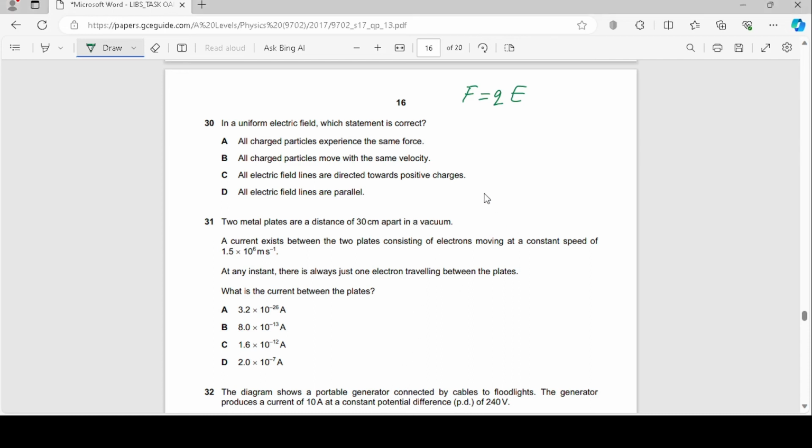Or perhaps we could say the defining equation is E equals F over Q, that electric field strength is the force per unit positive charge.